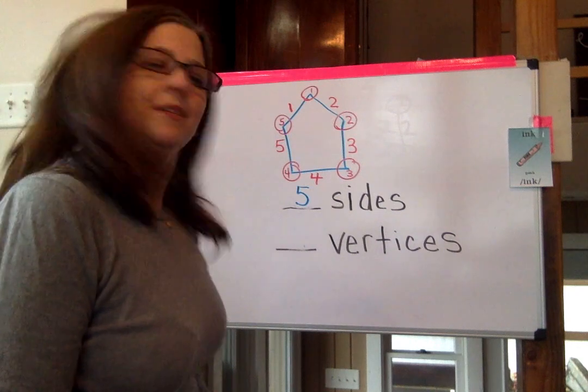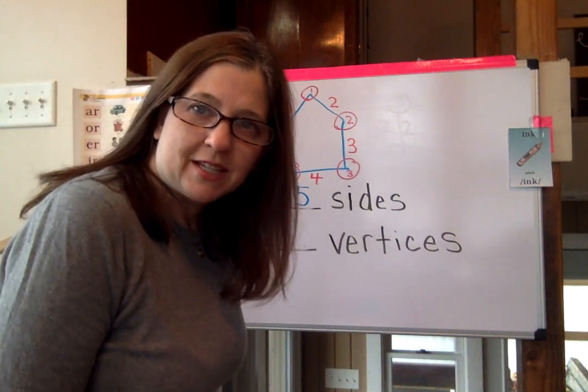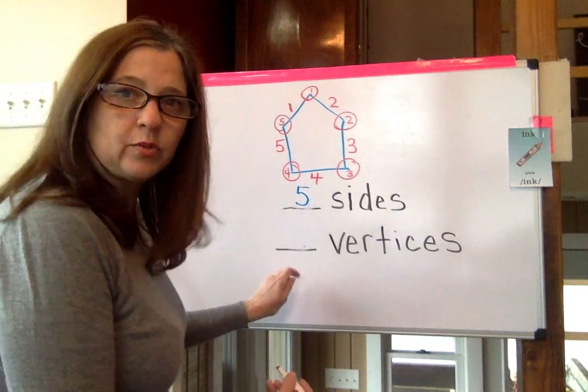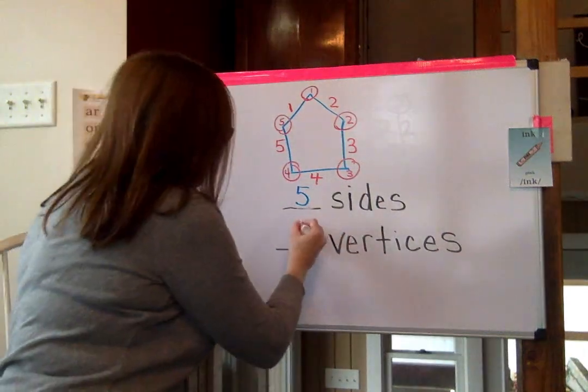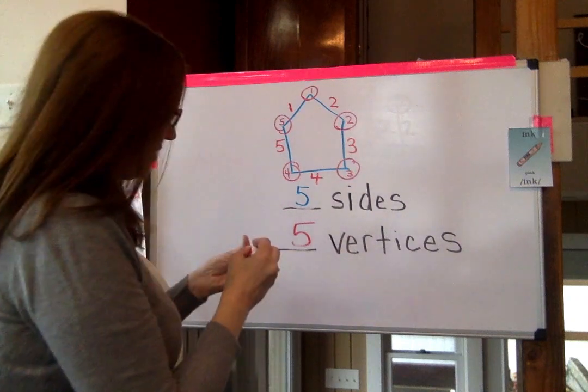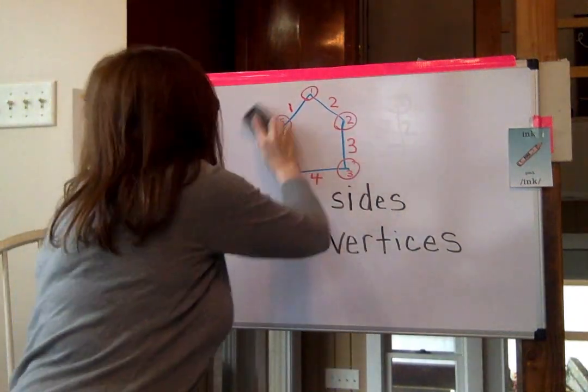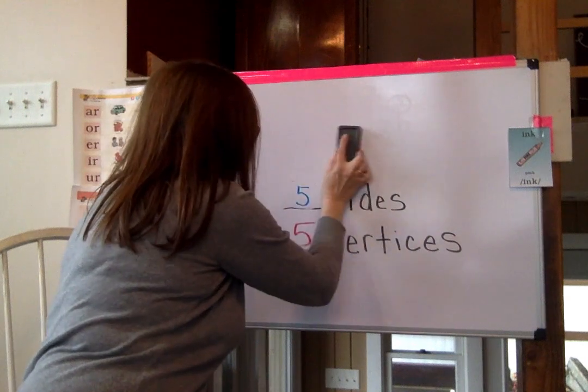Great. How many vertices does a pentagon have? Excellent. Very good. Down here, can you write that on the line? A pentagon has 5 vertices. Great. All right, we're going to move on to the rhombus.